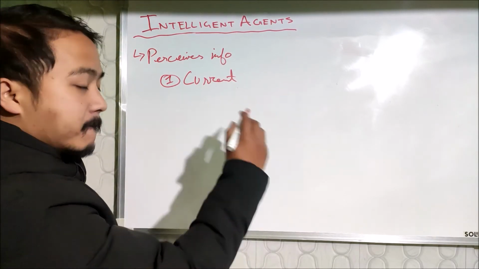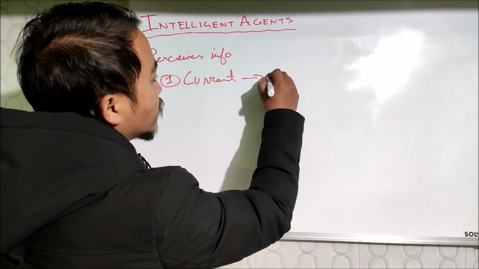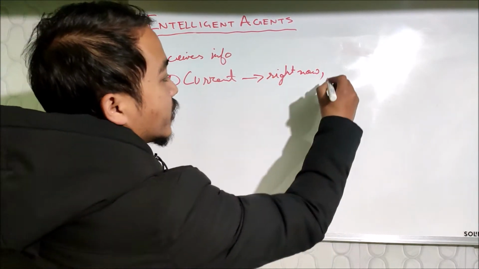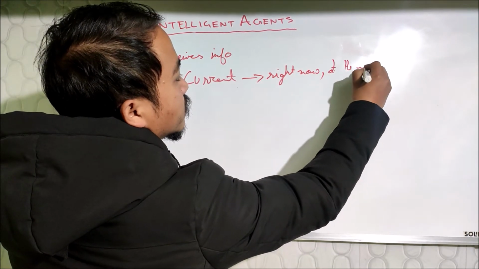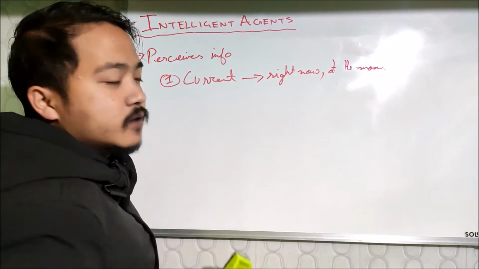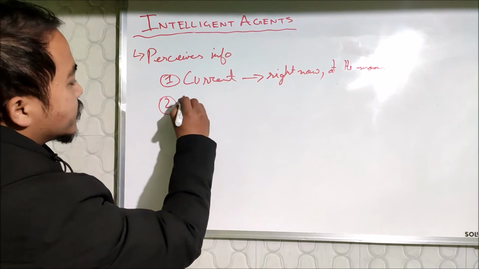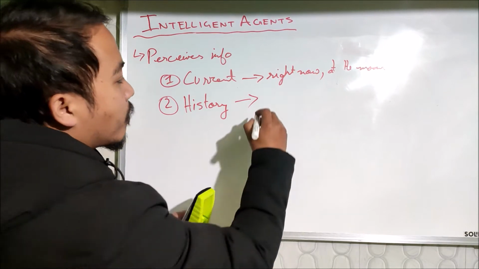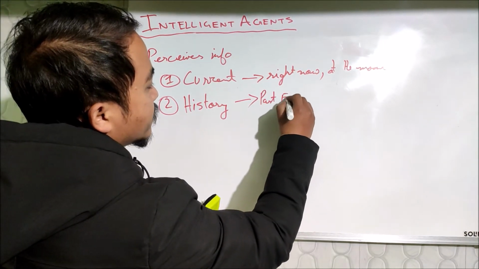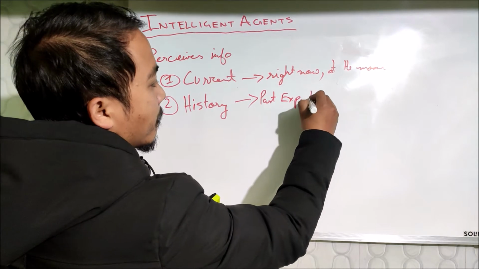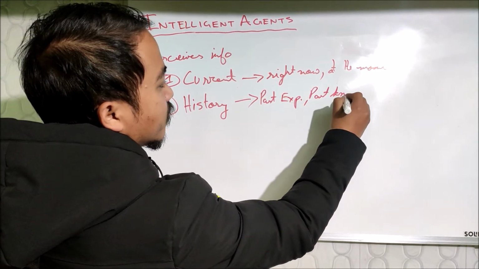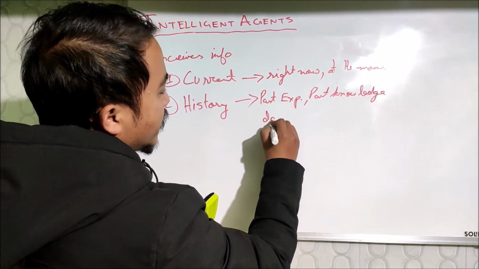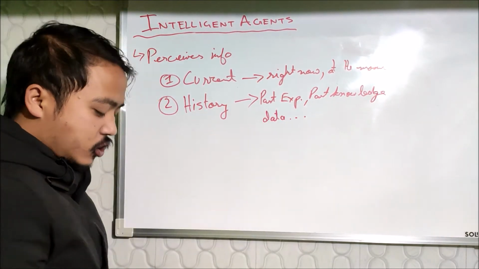Current means right now, at the moment. And the second thing is history. And what does history mean? Past experience, past knowledge, data, etc.